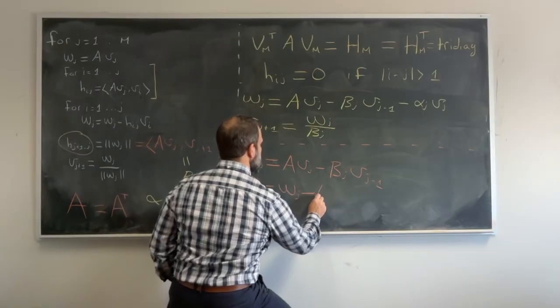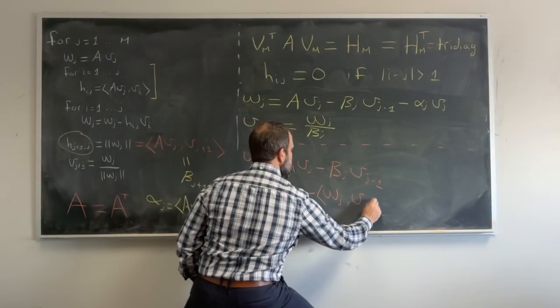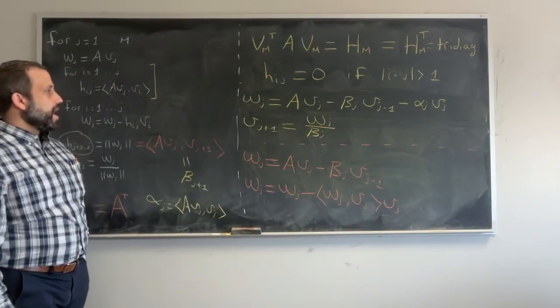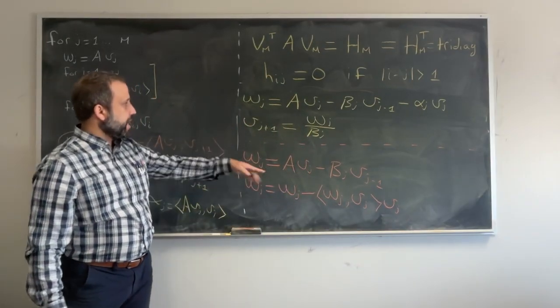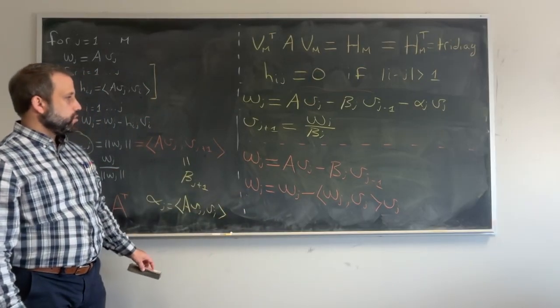So we're going to have Wj, Vj, Vj. Okay, and Vj plus 1 is defined similarly. Now why are these two things equal to each other?